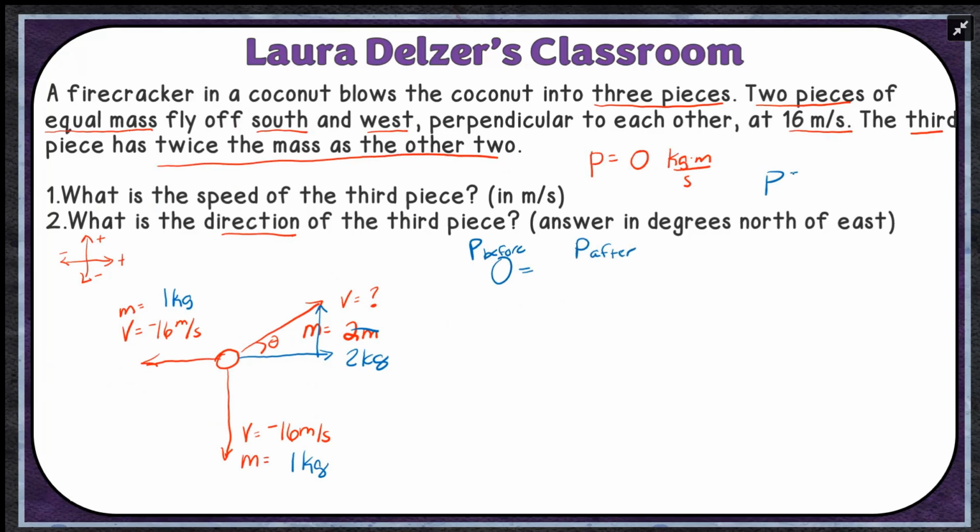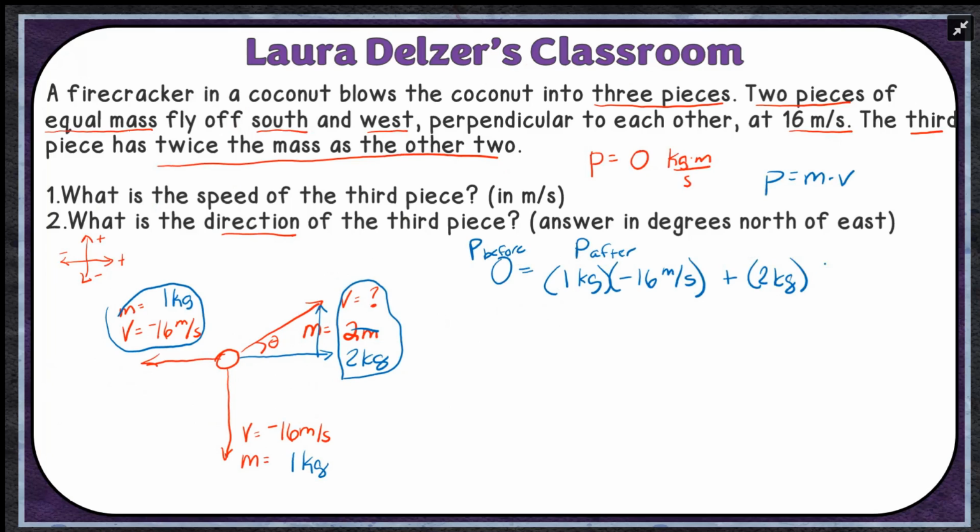my equation for momentum is mass times velocity. So I'm going to do my mass of this guy here. It's 1 kilogram, and it's moving at negative 16 meters per second. Then we've got this 2 kilogram one that's doing who knows what velocity. So we can do 2 kilograms times who knows what.